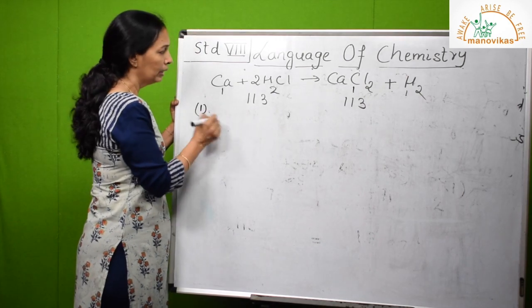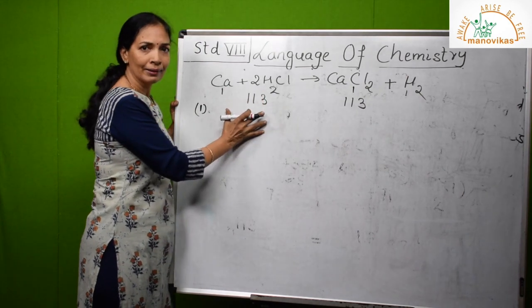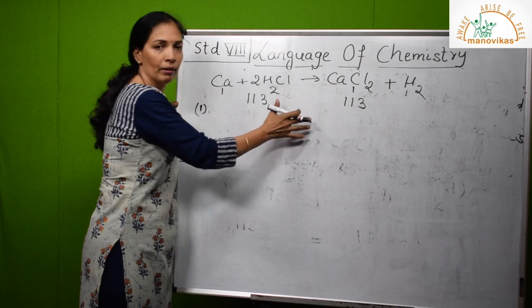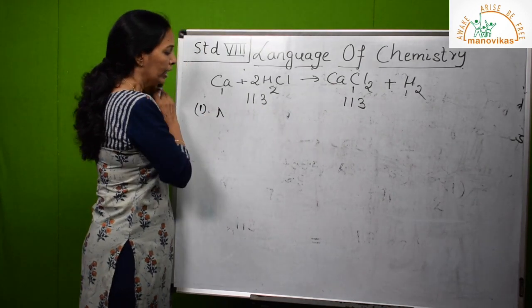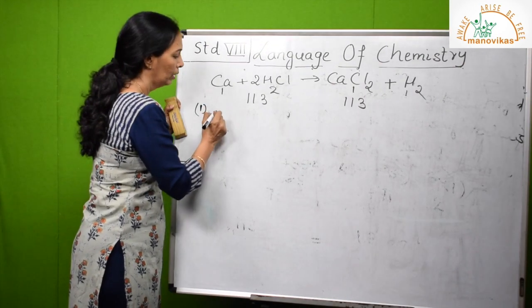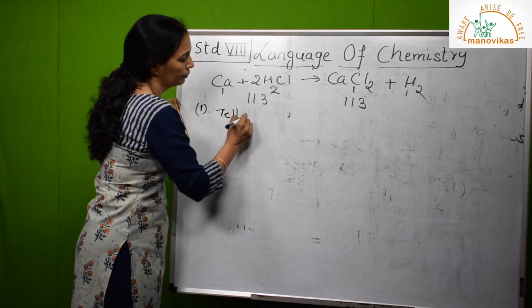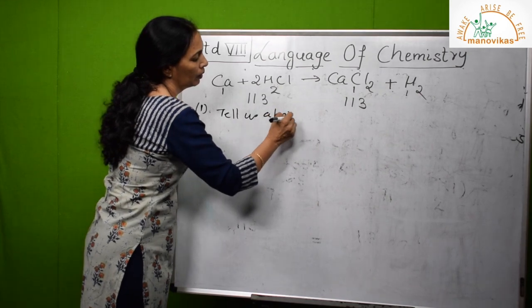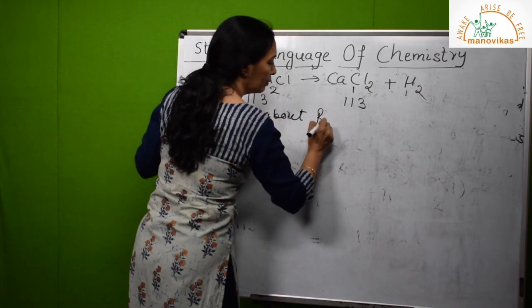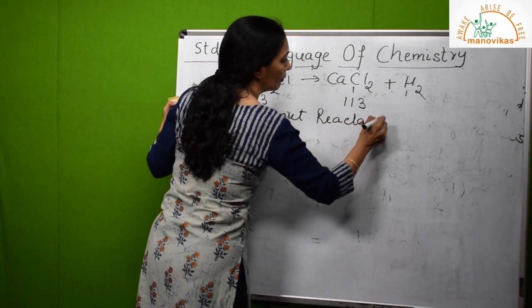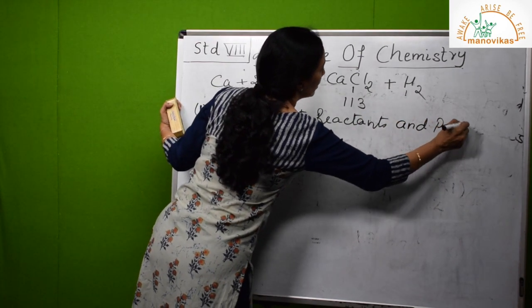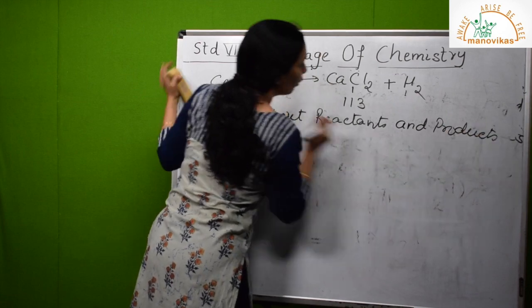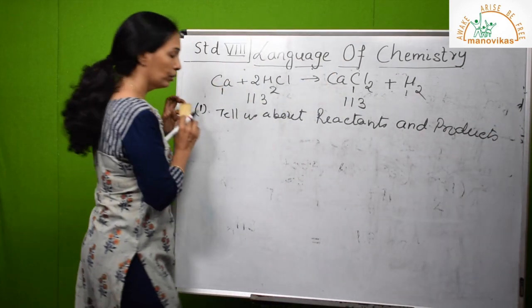The first one tells us what all the reactants and what all the products are in this chemical reaction.